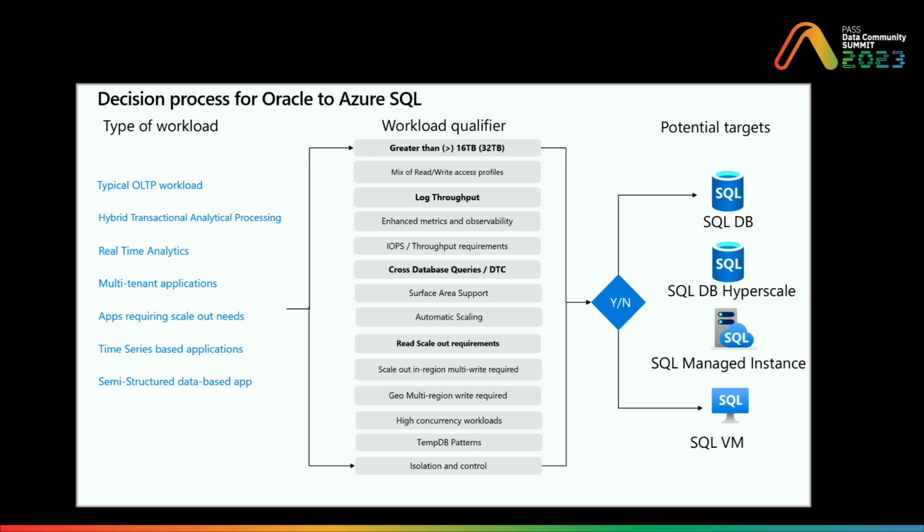Same concept applies if somebody is moving from Oracle to SQL. In the case of SQL, you have multiple options available, but similarly there are workload qualifiers. I'll take the same example I took in the case of PostgreSQL. If you want to migrate from Oracle to SQL, but your Oracle database is more than, let's say, 40 terabytes, the natural fit becomes SQL DB Hyperscale because it supports 100 terabytes of storage.